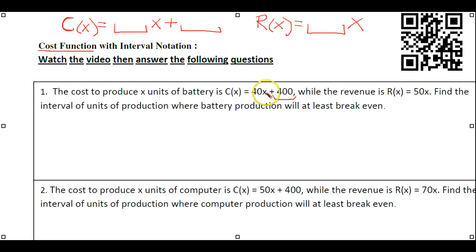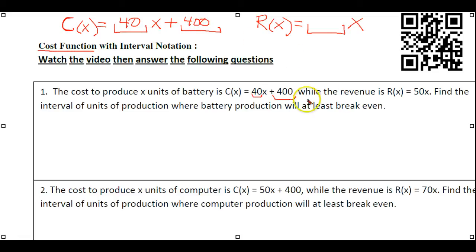And to make a single unit, this type of battery, the materials just to go into that unit is 40. So this would be 40 to make one of these units, and then the machinery and the general cost to make something goes there, which is 400.